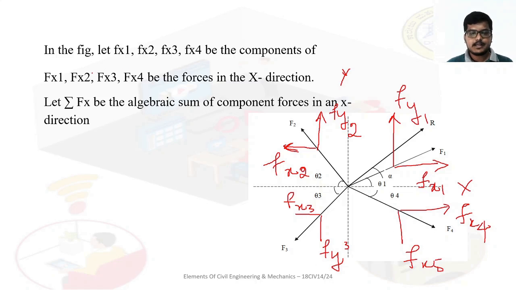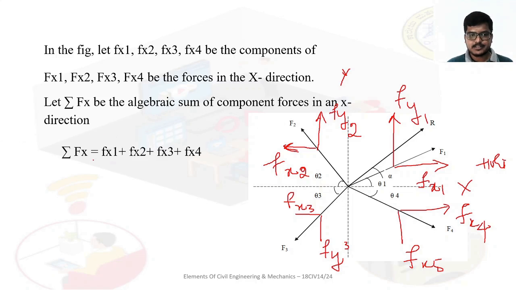So here they are taking only one, that is in x direction only. So Fx1, Fx2, Fx3 and Fx4. So these are the forces in x direction, that is, they are horizontal. Okay, let sigma Fx be the algebraic sum of the component forces in x direction.